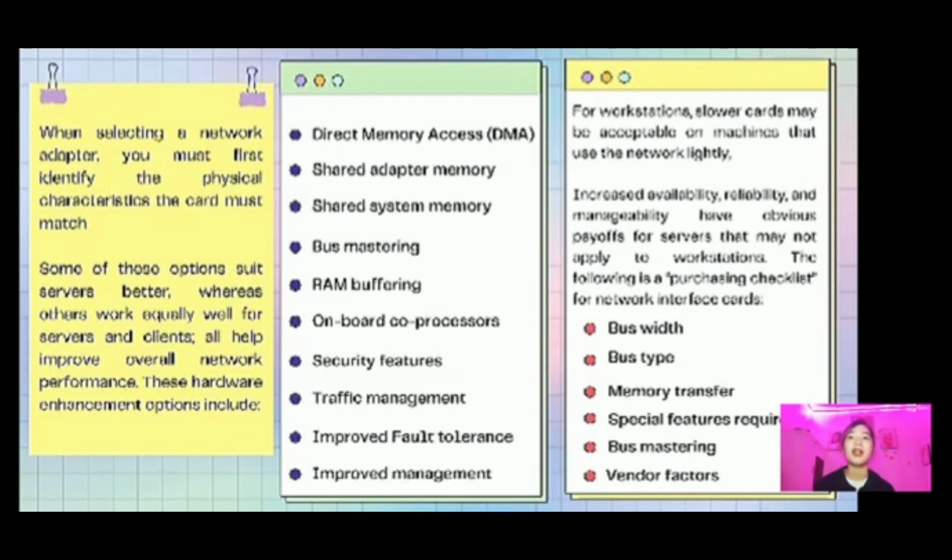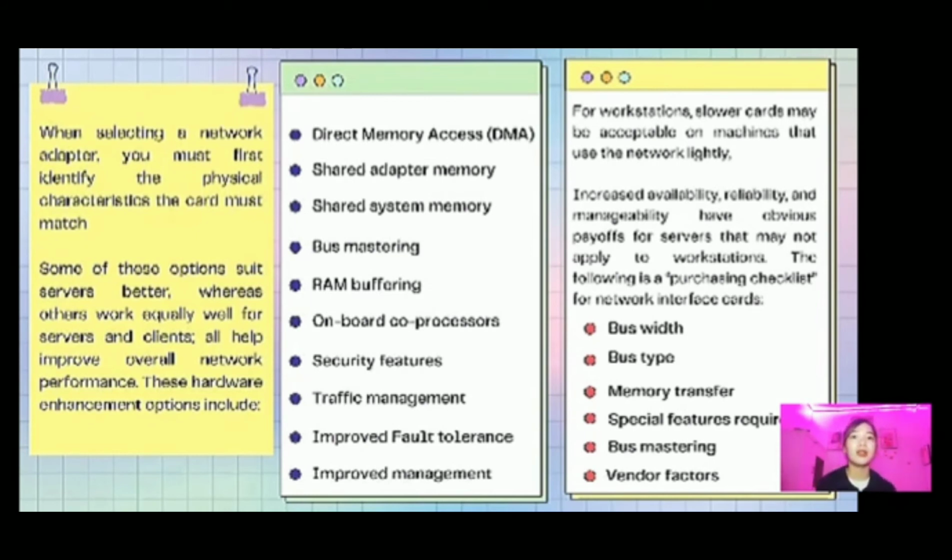These hardware enhancement options include direct memory access, or DMA, shared adapter memory, shared system memory, bus mastering, RAM buffering, onboard co-processors, and security features.